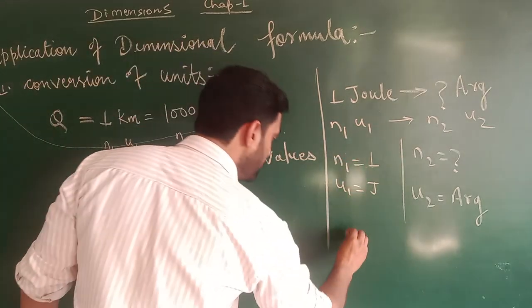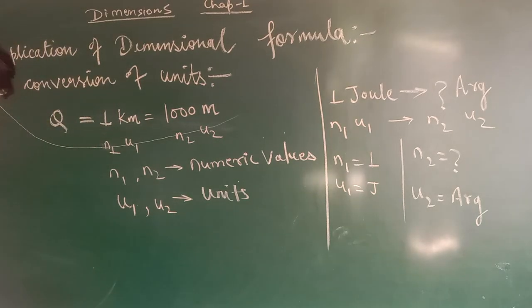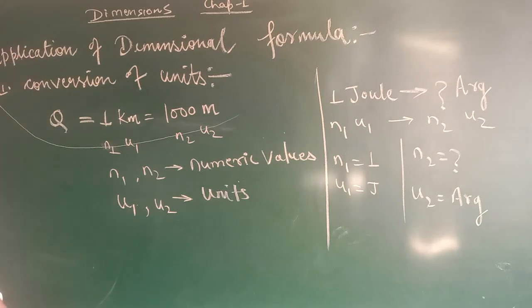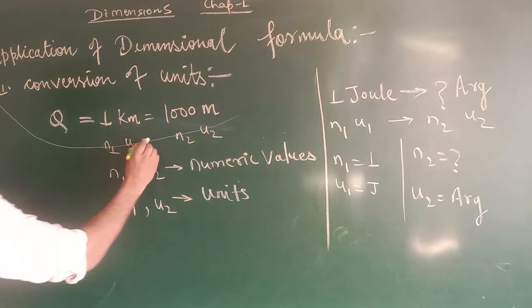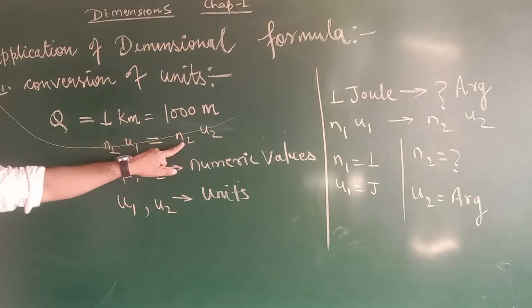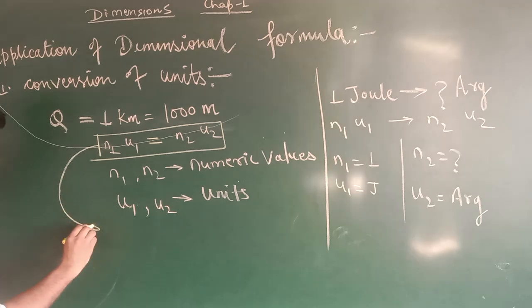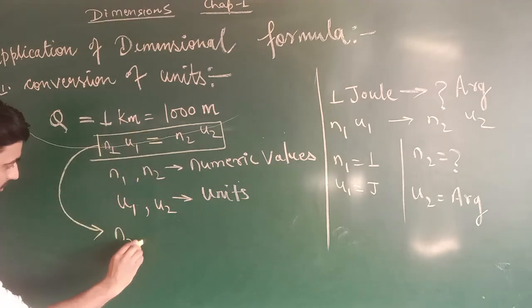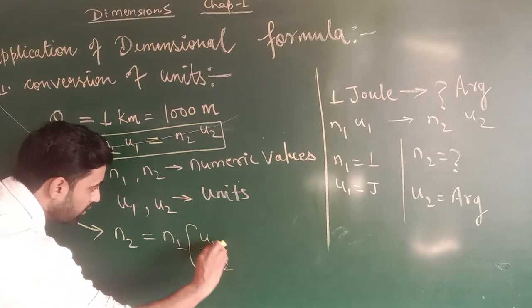In order to find n2, we can directly write n2 equals n1 times u1 divided by u2.